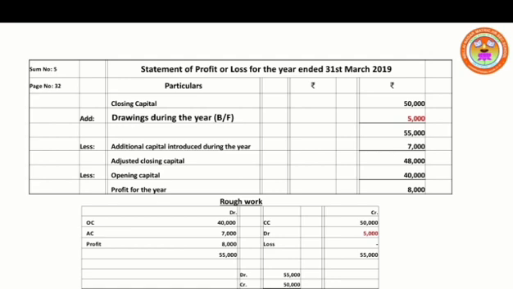It is called adjusted closing capital. Less opening capital 40,000. So adjusted closing capital is more than the opening capital. Profit 8,000. The same profit amount which is given in the question we got after using the drawings amount. So our answer is correct. Drawings 5,000, you could verify.